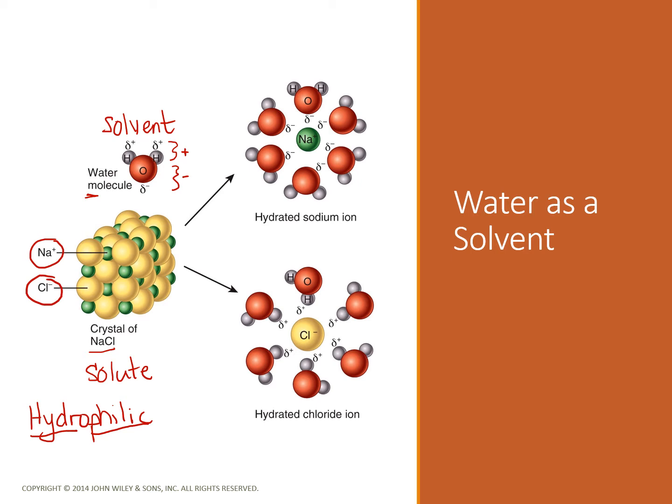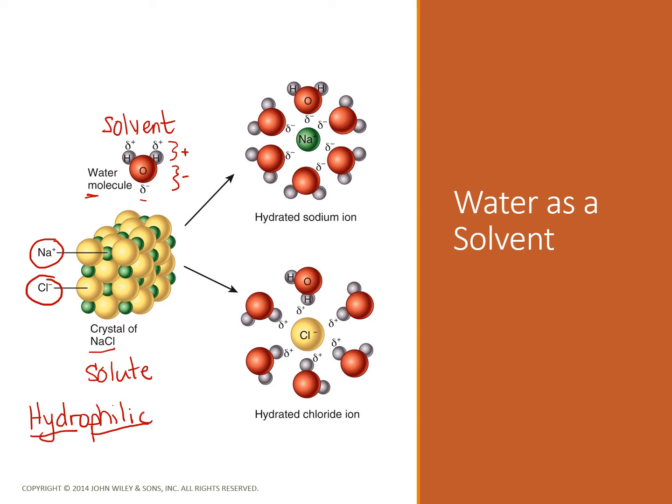These are going to be charged ions, and they're going to be hydrophilic because, like water, they are also charged. Remember that like dissolves like, so because they're charged, they will be dissolved also in a charged solution like water. Common examples of hydrophilic solutes are going to be sugar, salt as well.